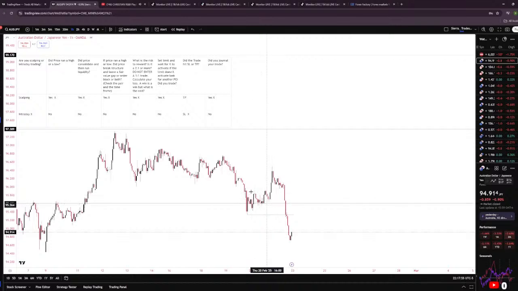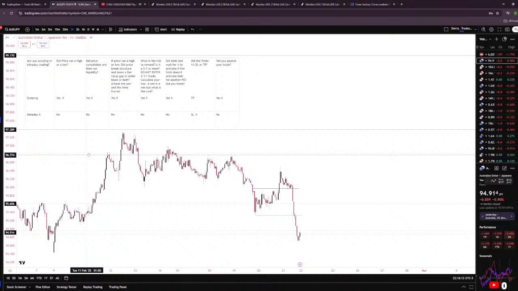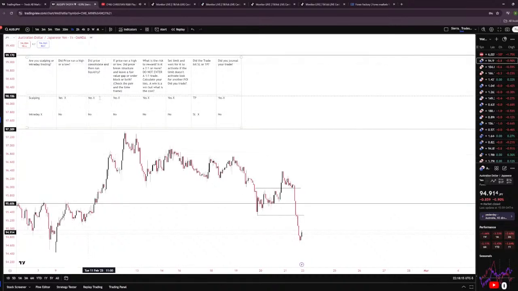But this actually gave us a high here, a tiny higher low, equal highs, another higher low, and then a higher high out of that range. So this did not give us consolidation. Did price consolidate and run liquidity? No.